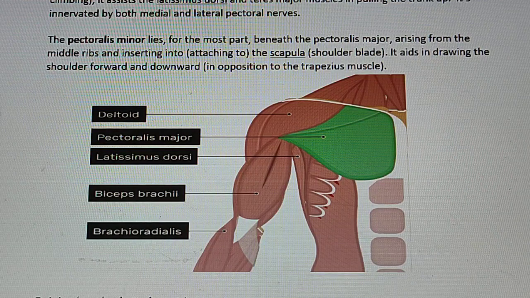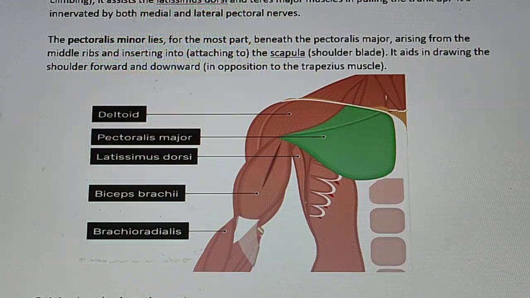You can see the deltoid, pectoralis major, latissimus dorsi, biceps brachii, brachioradialis. You can see the pectoralis major is the biggest muscle on the breast area. Okay, the green part, that's the pectoralis major muscle.